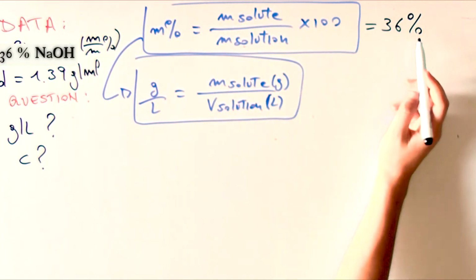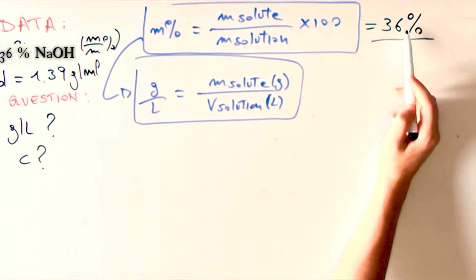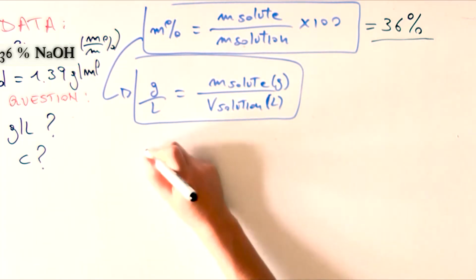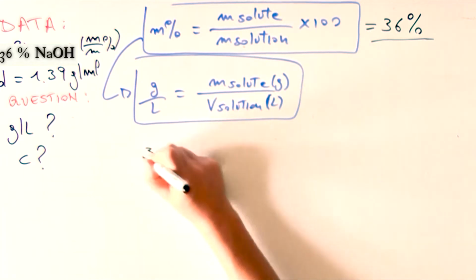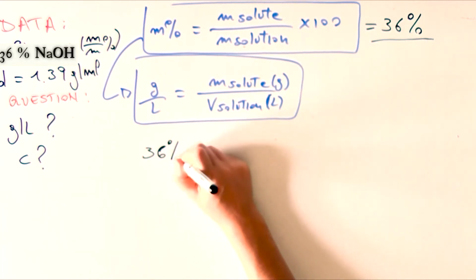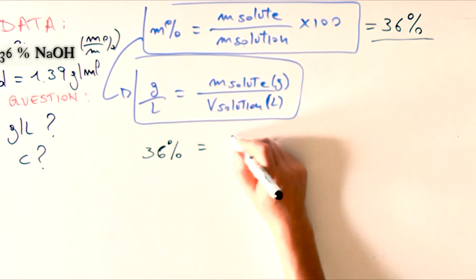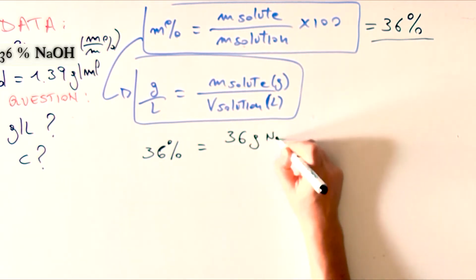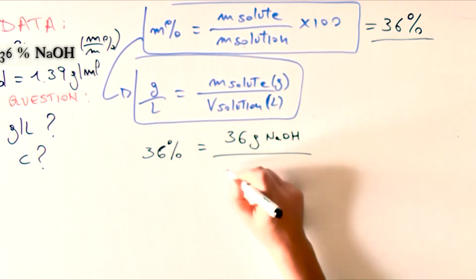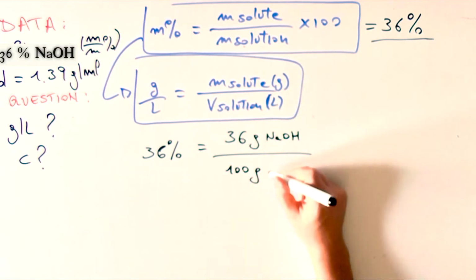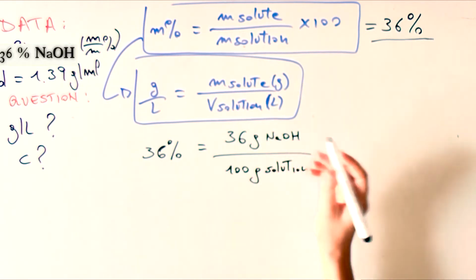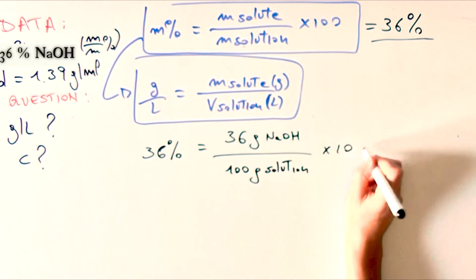But let's use a trick. Let's look a little bit better at how we can write percentage by mass. Okay, percentage by mass in this case is 36%, so it means that I can write that I have 36 grams of NaOH in 100 grams of solution, which is NaOH plus water, times 100.